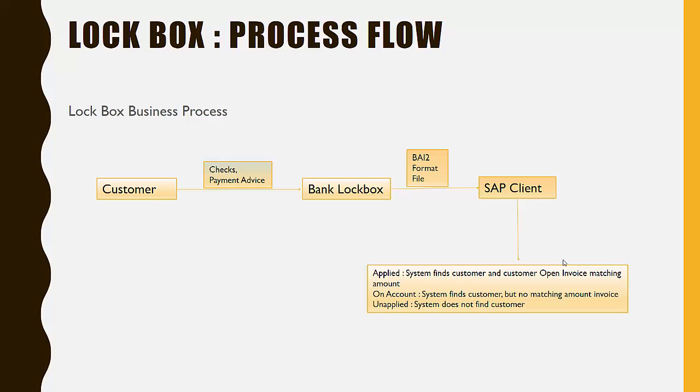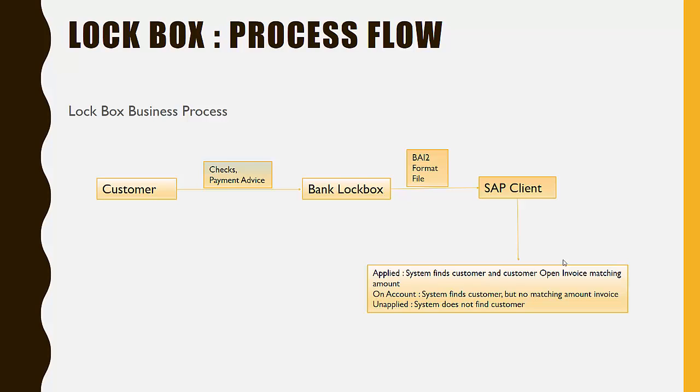Customers, instead of sending checks to the company, will send them to the bank specified by the company. The bank has a Lockbox number, which is a PO box number, a post office box number. All the checks, along with the payment advice, are sent by the customer to this PO box number. The bank collects these checks, collects the payment for them, and prepares an electronic file.